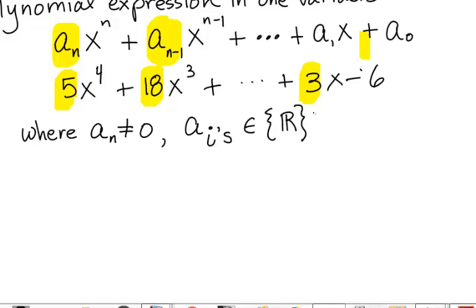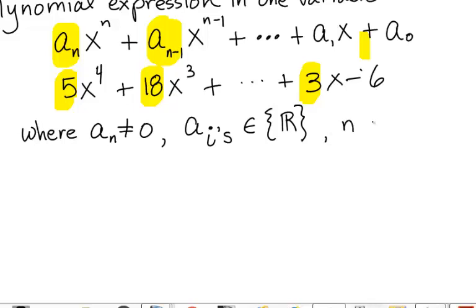So all those coefficients have to be real numbers. So what would the only exception be? If they were not real numbers, they would be imaginaries. You cannot have a coefficient that's like 5i. That wouldn't work. They have to be, this symbol, the Greek letter epsilon, means is an element of the set of real numbers.